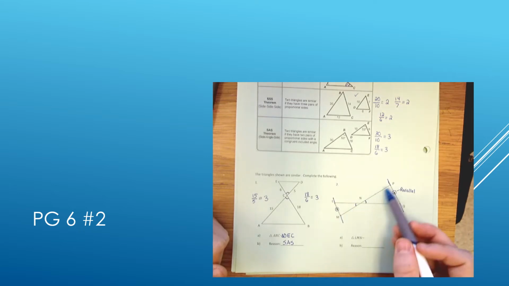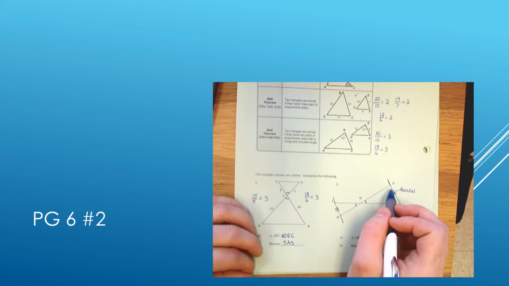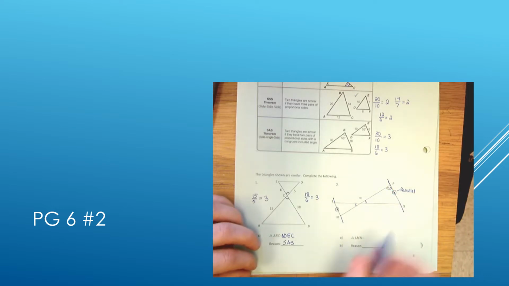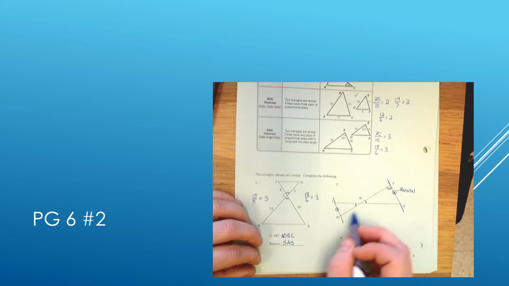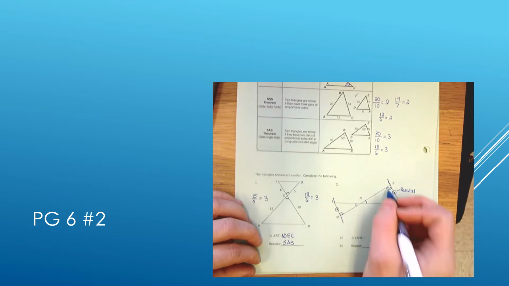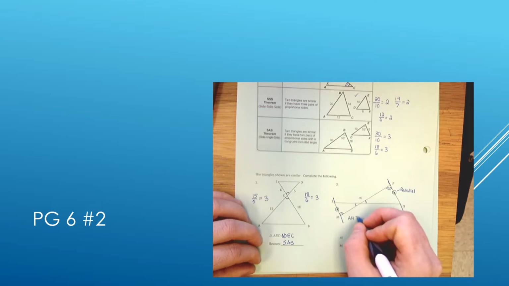Earlier I said that these were transversals. So chances are we're going to be able, using these lines, to find an angle relationship. Now the angle relationship, I want to make sure I find one that's inside the triangles. So let's say if we went with P. An angle relationship that I could use with P would be with M. And the reason I know that those would be congruent is because those are alternate interior angles.